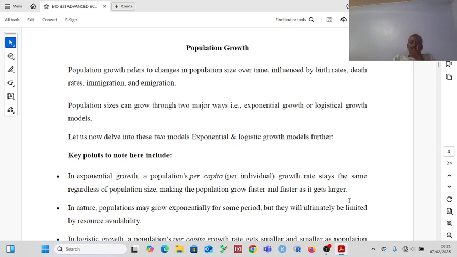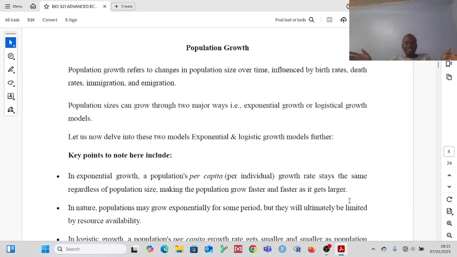So population growth refers to the changes that are occurring in the population size. Okay, so the size is about numbers. Is the number increasing or decreasing over time? So you can say, my population has increased by this within 1 year. That is the time.